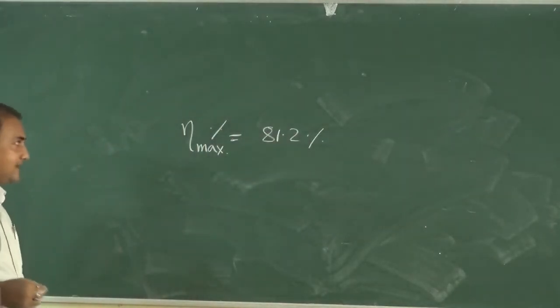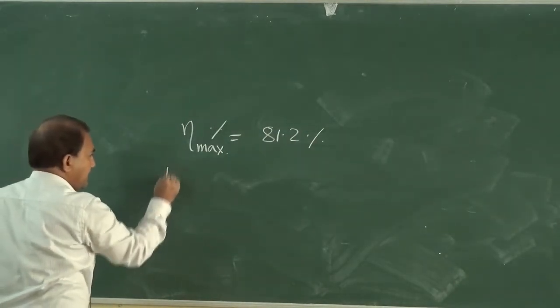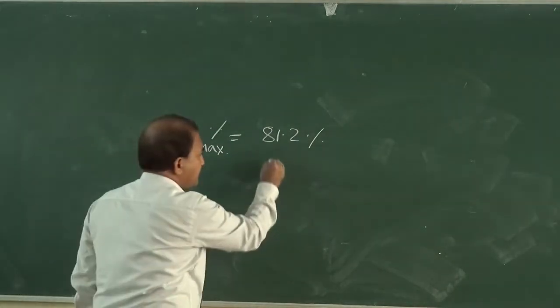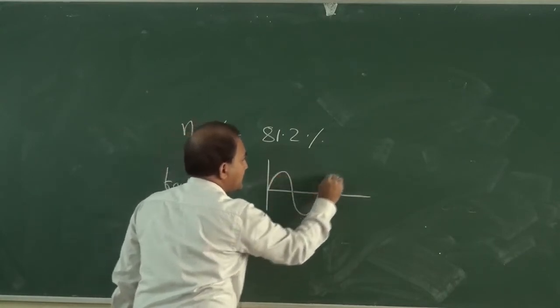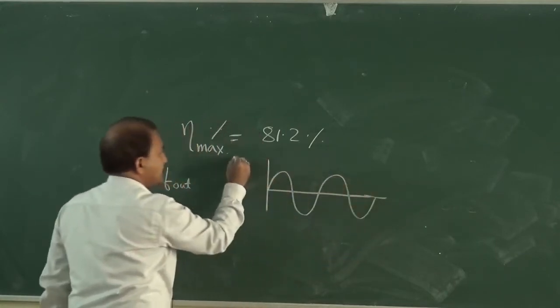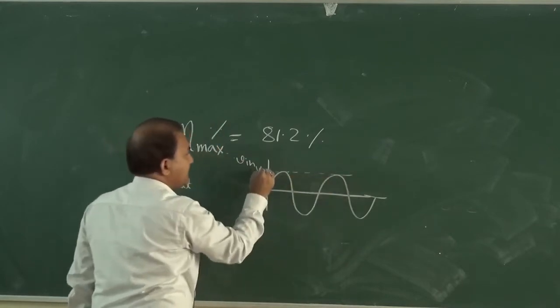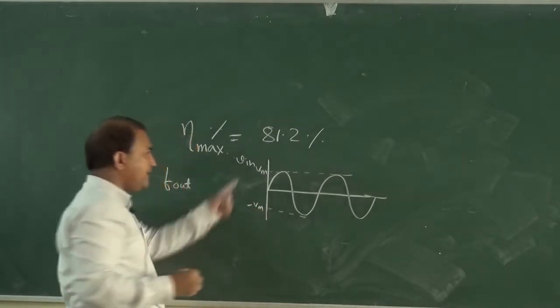That is the rectification efficiency. And then we will see the output frequency, F out. In the case of a full wave rectifier circuit, suppose the input is like this. This is V in, this is Vm and this is minus Vm.